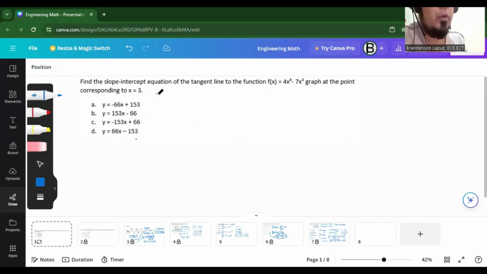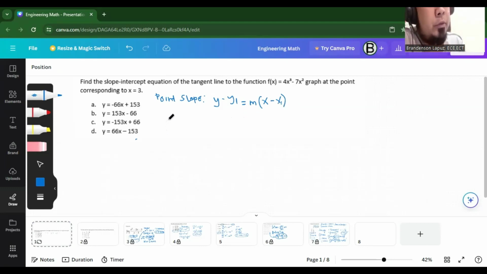For the point slope, you have y minus y sub 1 is equal to m times x minus x sub 1.